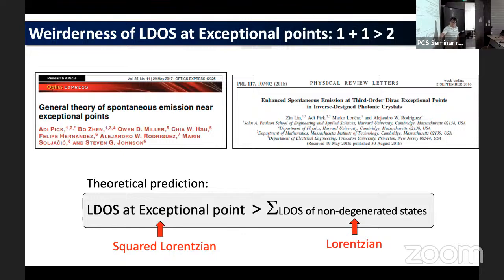So the squared Lorentzian will be 4 times bigger than each Lorentzian. So 1 plus 1 is bigger than 2, which is what you would expect; it is equal to 4 in terms of density of states.